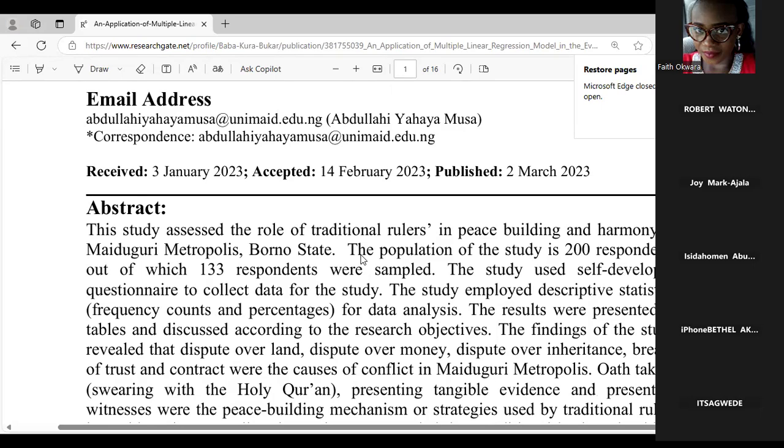So see the way the work started. The study assessed the role of traditional rulers in peace building and harmony in Maiduguri metropolis. Who are the people that were surveyed? He just told us 200 people were surveyed. 133 responded.